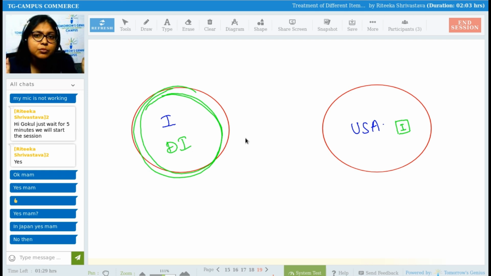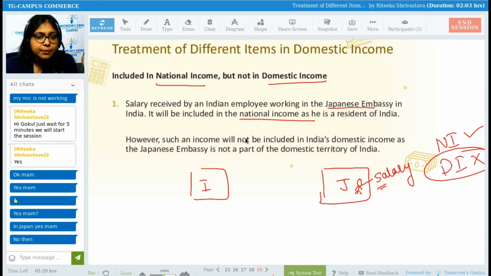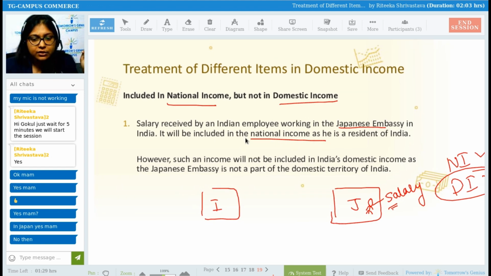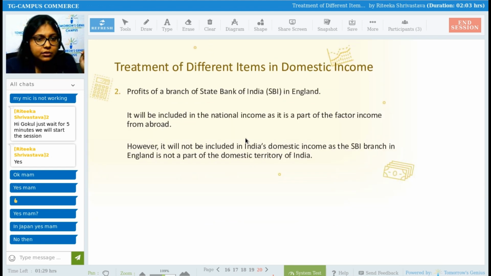But national income means, if it is a citizen of our country, if the person belongs to India, but he is earning his salary abroad, then he will be included in national income, but he will not be included in domestic income because he is not within our domestic territory. He is earning income in the USA's domestic territory. Okay. Very simple and basic meaning of national and domestic income.